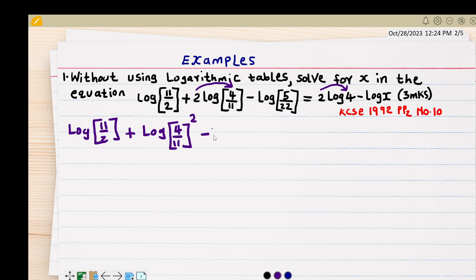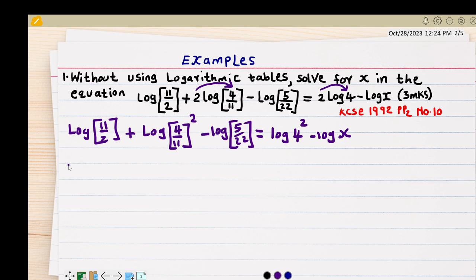Then minus the logarithm of (5 over 22). Then the whole thing will be equal to the logarithm of 4 to the power of 2, I'm simply taking 2 on the power, then minus the logarithm of x.